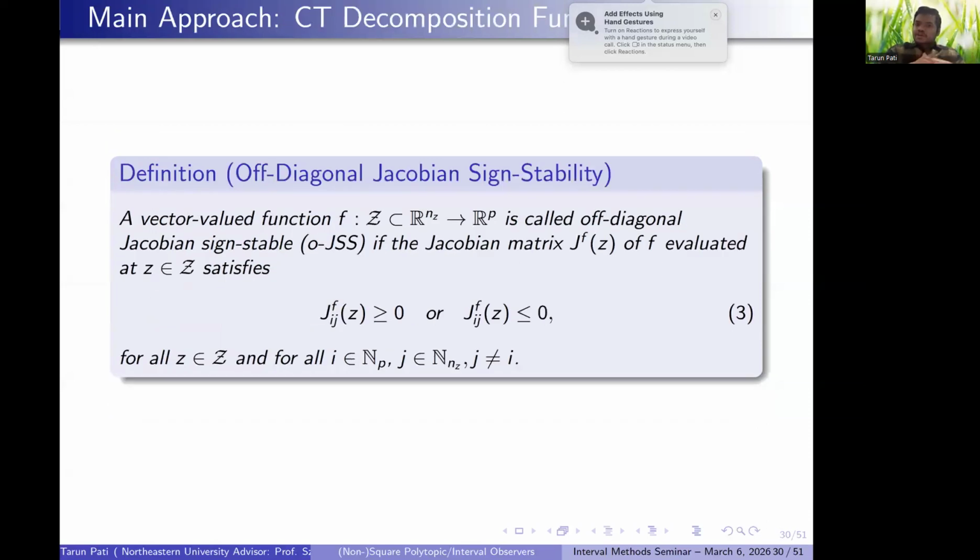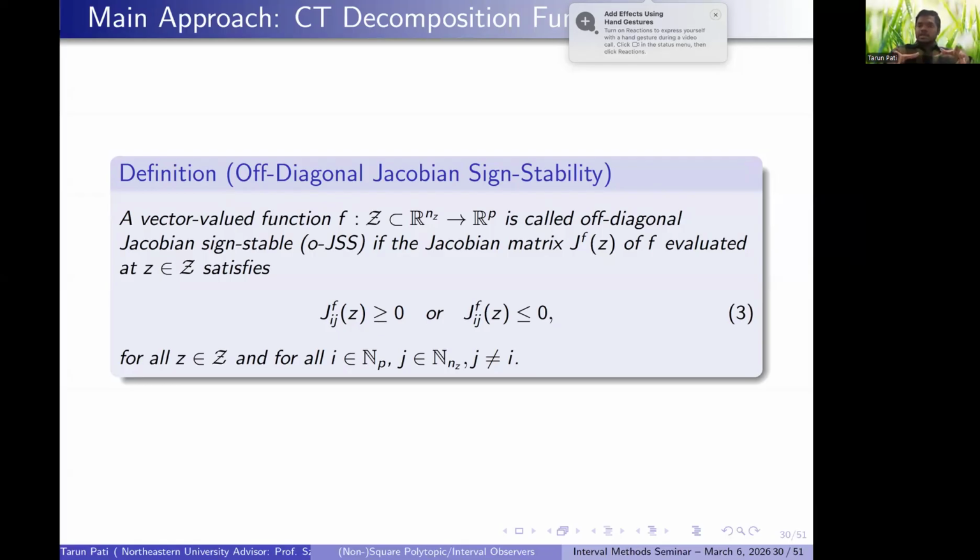So as I've said, we are introducing a new continuous time decomposition function. Basically, given a vector valued function f for a continuous time system, we are introducing off diagonal Jacobian sign stability, which simply states that the Jacobians of f within our known domain are Jacobian sign stable only in their off diagonal elements. So the diagonal elements of the Jacobian need not be Jacobian sign stable.